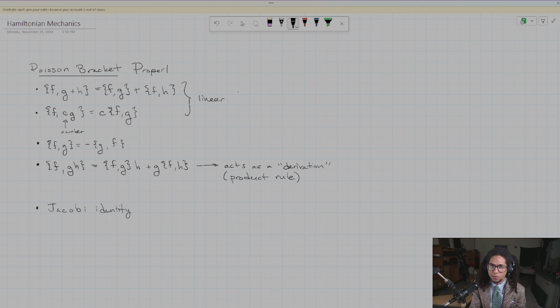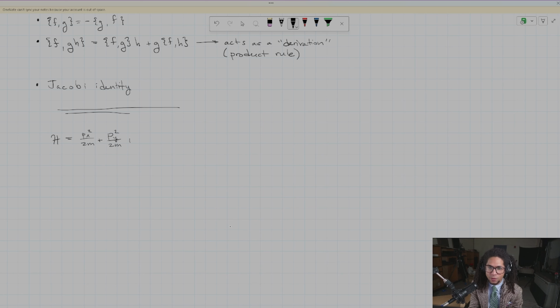Okay, and I want to use this to try to figure out the dynamics for the following system that we definitely know how to treat already. Let's do the 2D harmonic oscillator. So H will be p_x squared over 2m plus p_y squared over 2m plus 1/2 m omega squared, x squared plus y squared, that whole quantity.